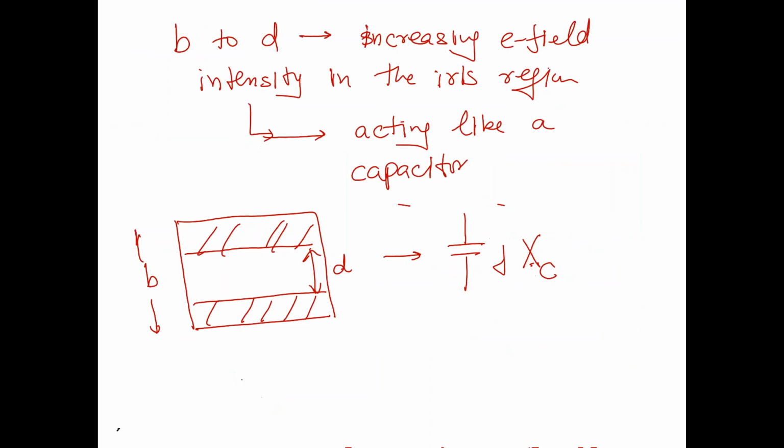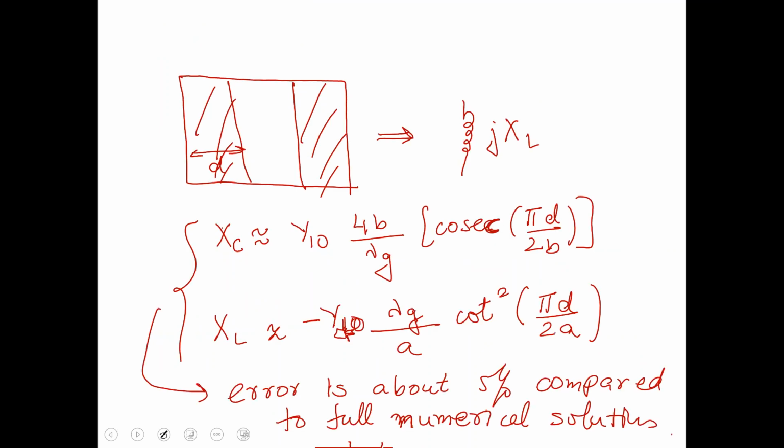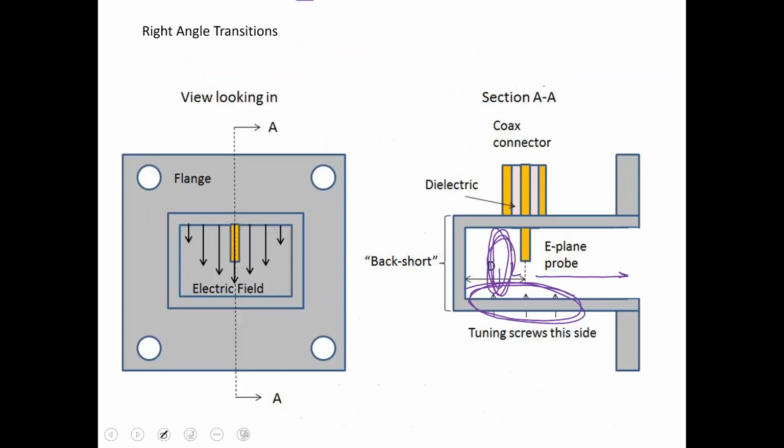So the terms which you have here, this is acting like a... you can call it jBC, which is 1 by jXC, and this would be jXL, and then minus jBL. Admittance, yes, sir.